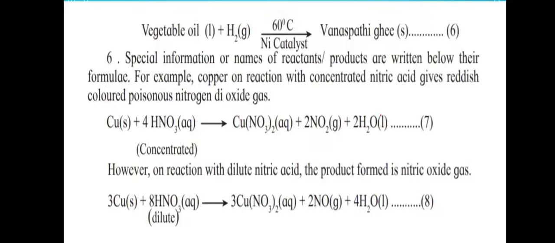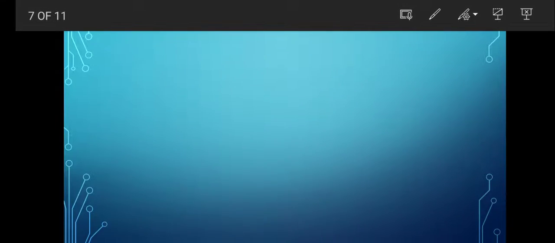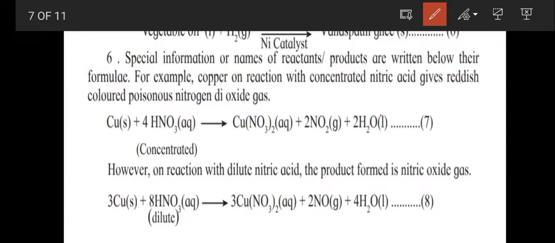Next one, special information or the names of the reaction and the products are written below their formula. For example, copper on reaction with concentrated nitric acid gives the reddish colored poisonous gas, that is nitrogen dioxide. Just 1 minute, I will show you. They are saying that special information or the names of reactants and products are written below their formula.